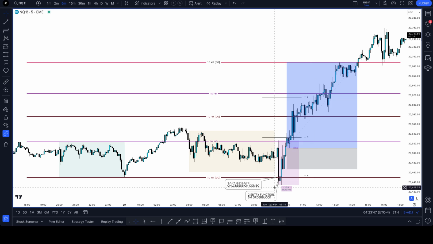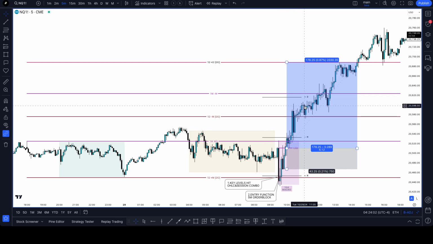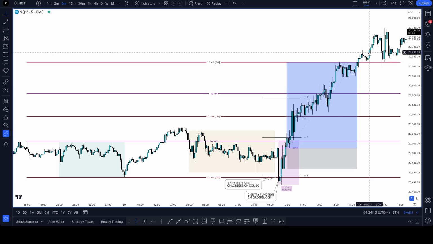From there, once I enter here or here in this wick area, I would like to see price distribute, creating the rest of the daily candle. And as you can see, price continues up, finally hitting the daily distribution. From here, price ranges, then finally closes at 1600 at this candle.